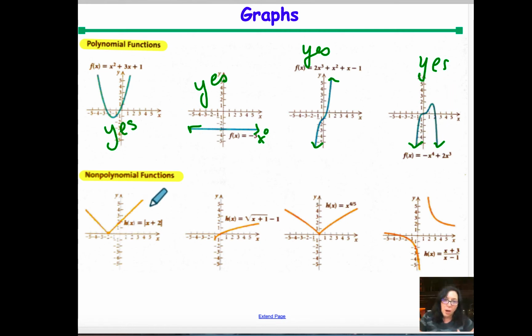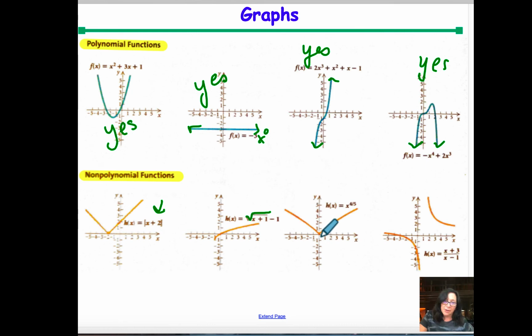Now these are non-polynomials, because they either have a sharp edge, they stop, there's a gap, something like that. This would be no, because absolute values are not polynomials. Additionally, square roots, like that, are not polynomials.